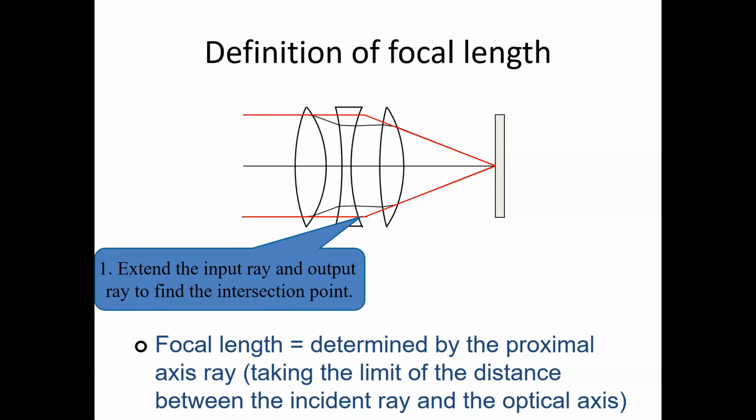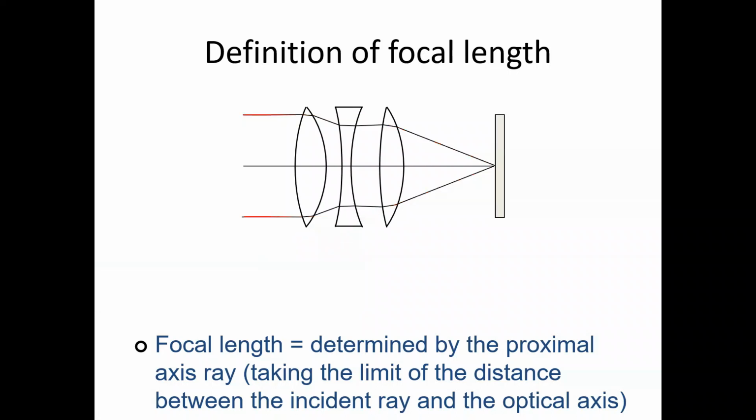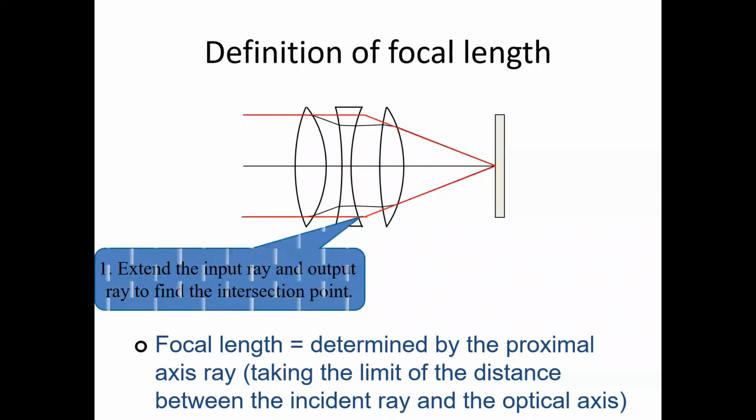Then what we do is, the input light rays go straight, and from the imager we back project those light rays in the same direction, and then connect those two rays at a single plane.